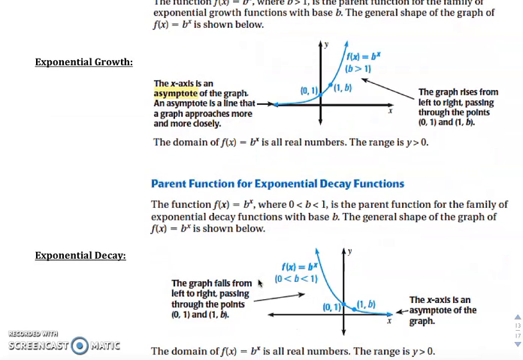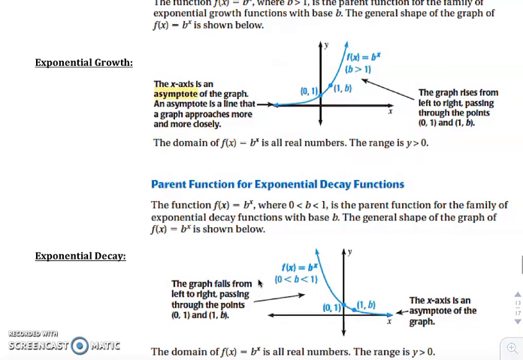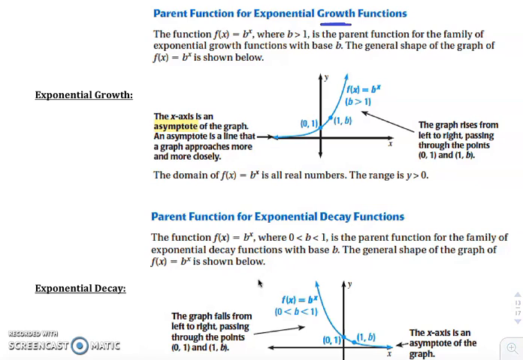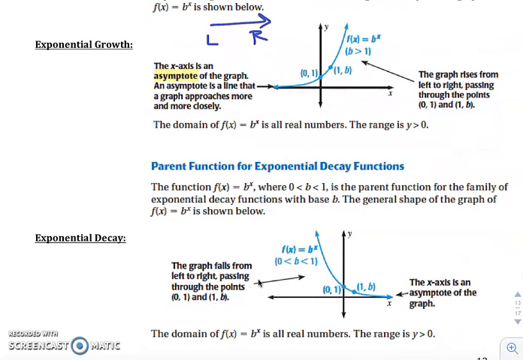The first one is a growth function because as you move from left to right, it goes up in value. The bottom graph is a decay function because as you go from left to right, it decreases.